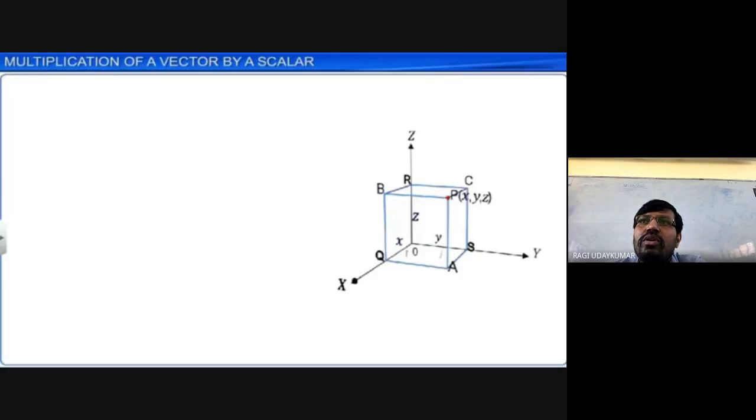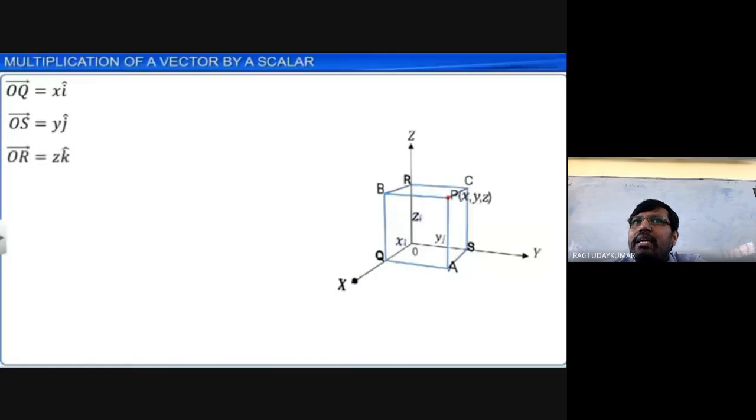So when you drop the perpendicular from a point to any plane, say the xy plane, the other coordinate, the one you are not seeing, will be the distance. So the z coordinate is nothing but the distance of that particular point from the xy plane. OQ is represented by x into i cap, OS is written as y into j cap, and OR is written as z into k cap.